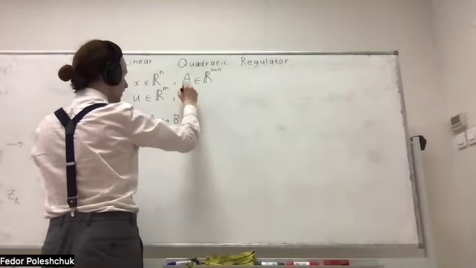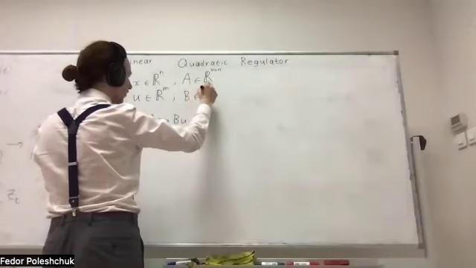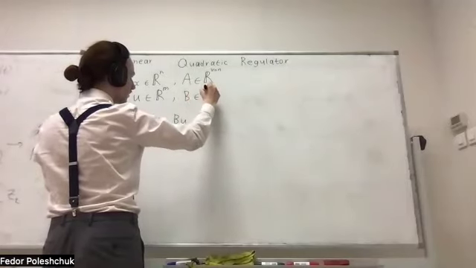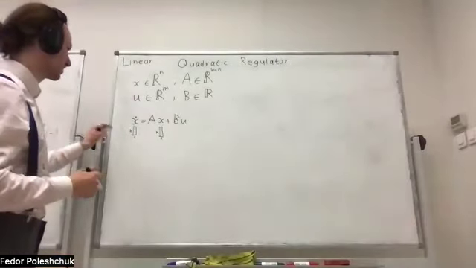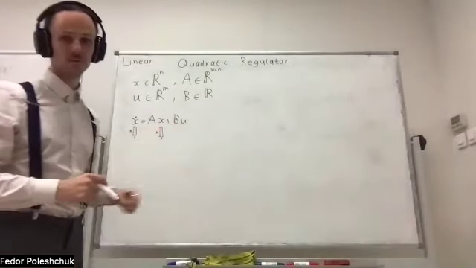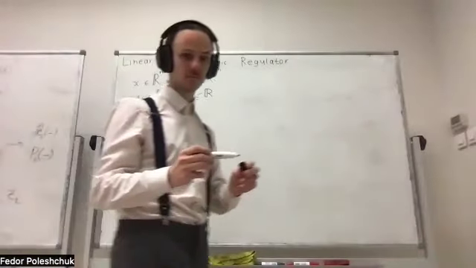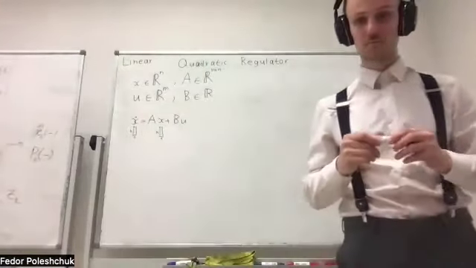And B has to be a matrix of, could you help me with this one? What should be the dimensionality of the matrix B here? If u is a vector of m, then the matrix B should have also m cross n.